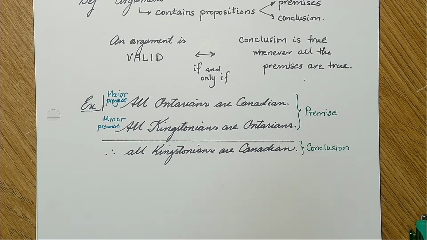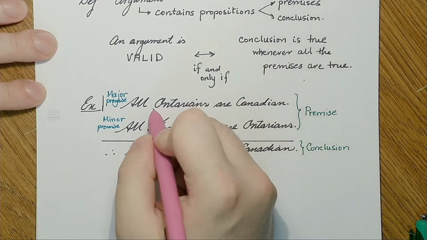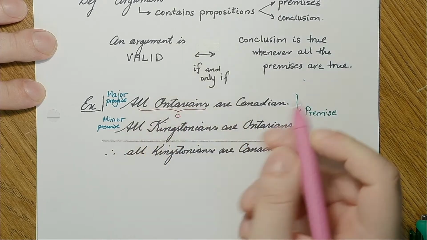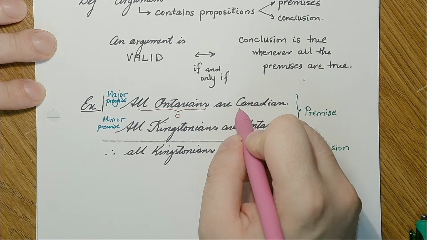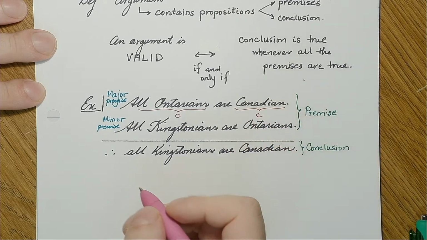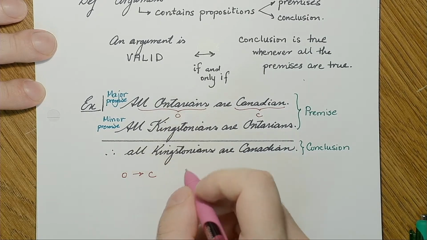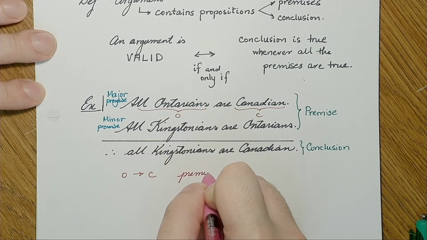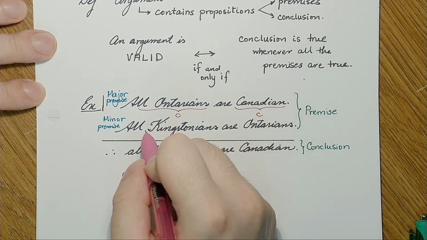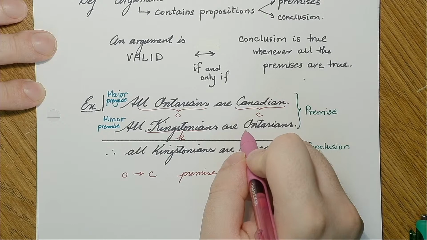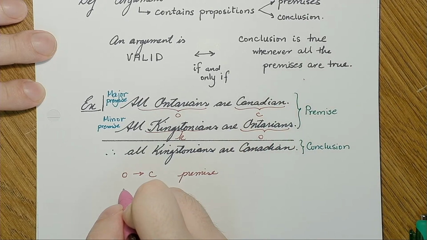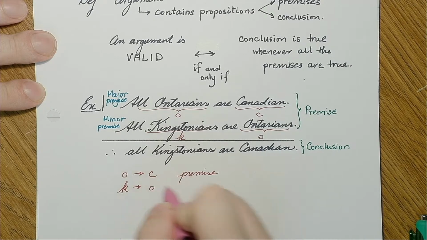And so what we will do is we can start to convert this to symbolic logic. So for instance, we'll call this O. So Ontarians are O. Here is Canadians for C. So rewriting this, we would have O implies C. So there's our premise. Here's K, so K implies O. So this is the premise.